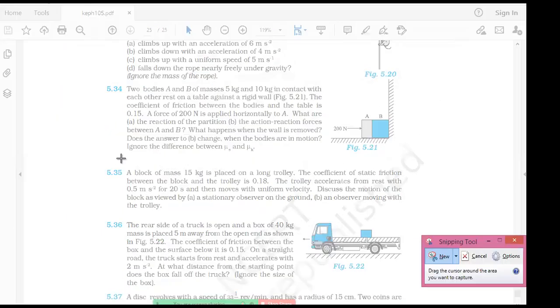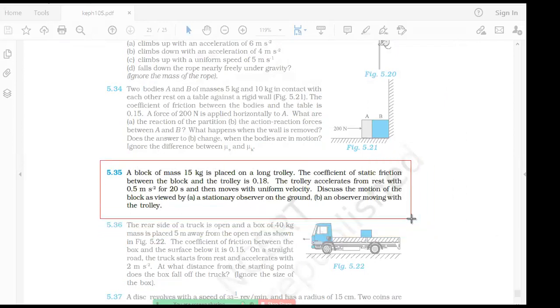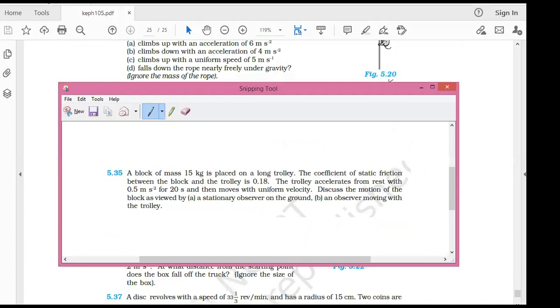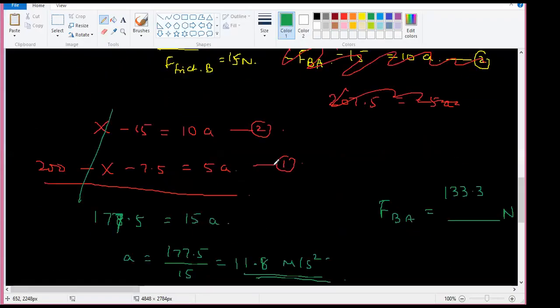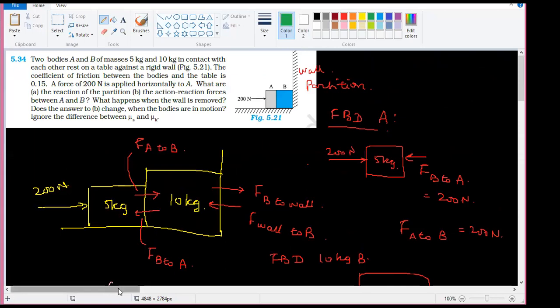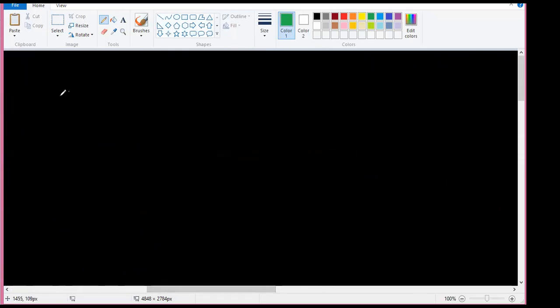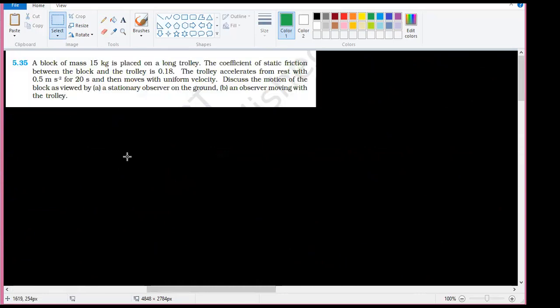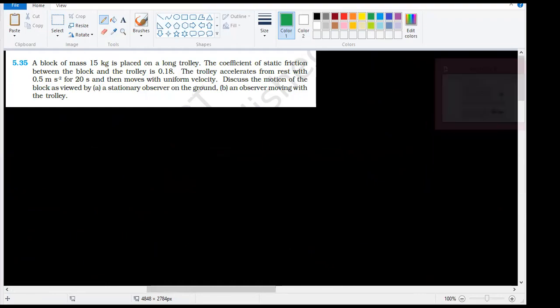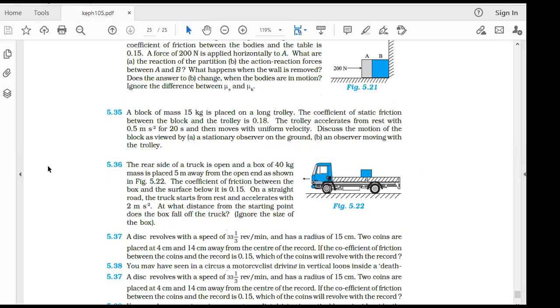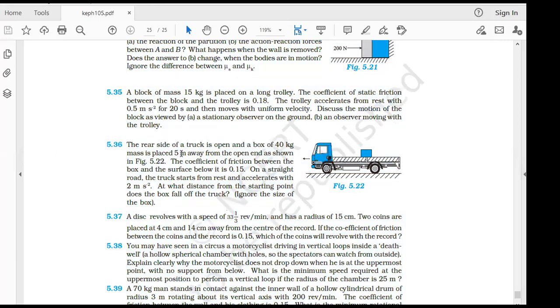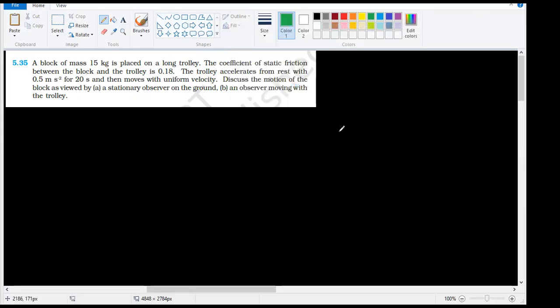You don't even open the book and try it. Thirty-seventh sum you want? Why 37th sum? Okay, we'll come to 37. Let's finish this quickly. Did you get this 35?